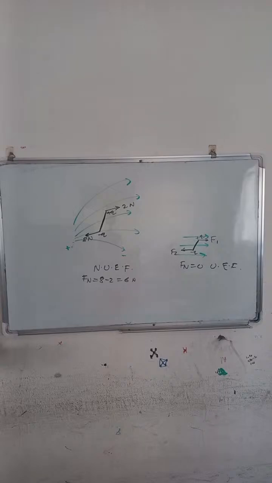Second option 0. Third option minus QLE. L and E is capital over here. And last option D, that is minus 2QEL. Everywhere E is capital and L is also capital.